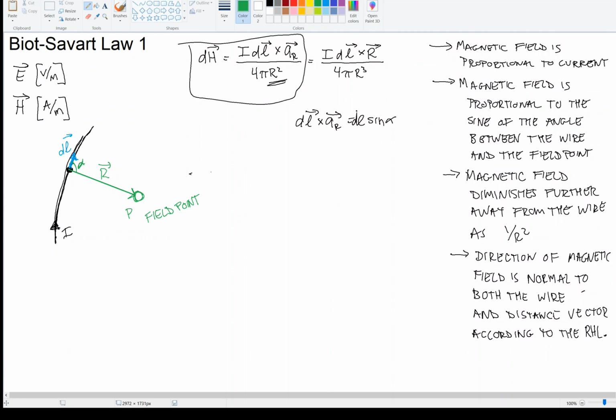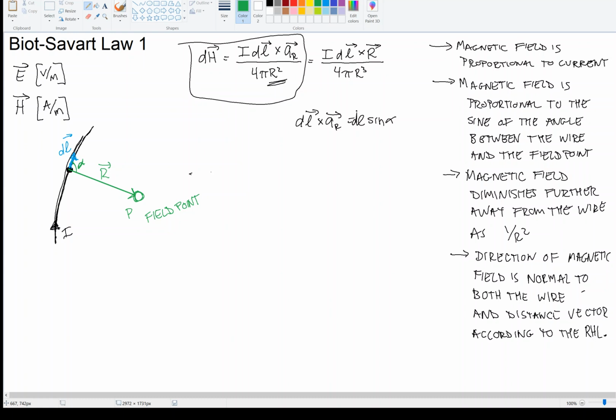So now let's determine the direction of the magnetic field at that point. So this is the right-hand rule, and I want you to do this with me. I'm doing this right now as we speak. With your right hand, point your fingers in the direction of dl, and then curl them to the radius vector.